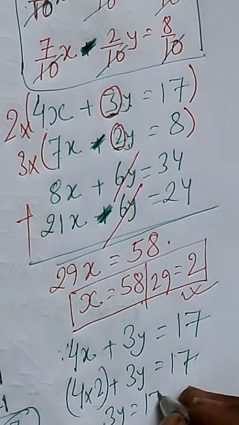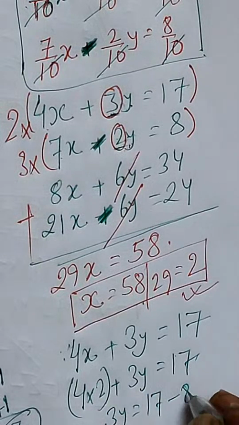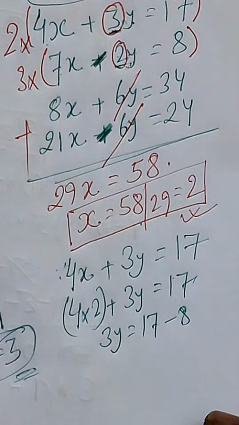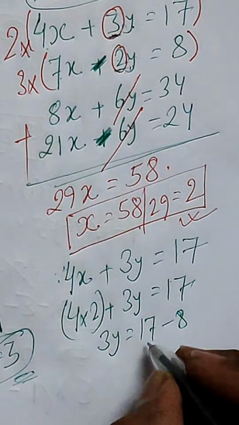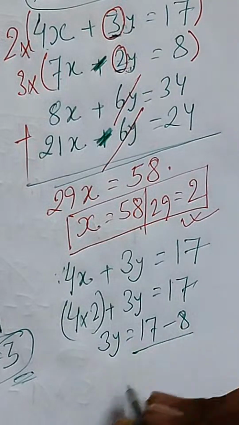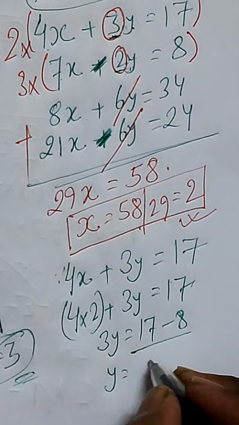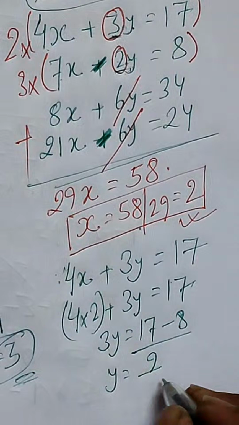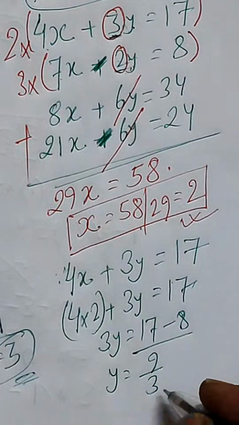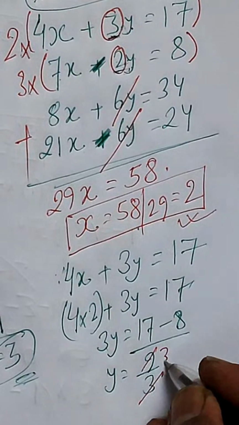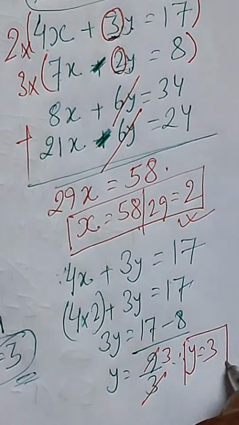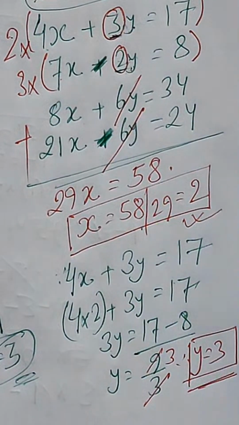Which will give you 3y as 17 minus 8, because this 8 will come to the RHS. 17 minus 8 is 9, so y is 9 divided by 3, the coefficient of y, so the value of y is calculated as 3. This is your answer.